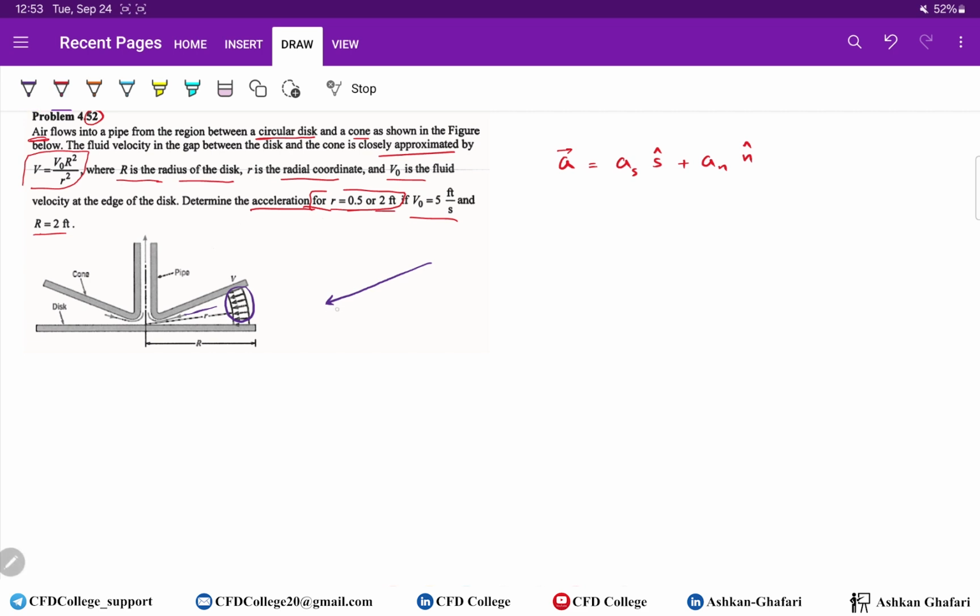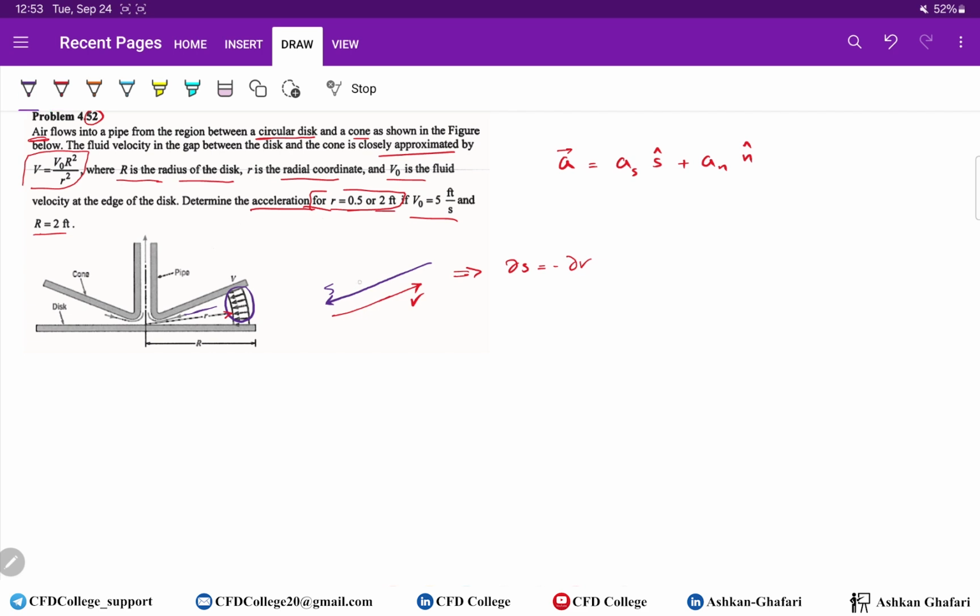As you can see, this is the streamline, and here you can see this is our coordinate, and as I mentioned, r and s are in opposite directions. So in this case, delta s equals minus delta r.